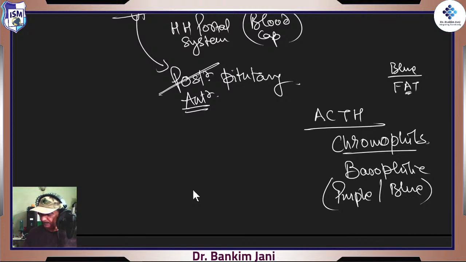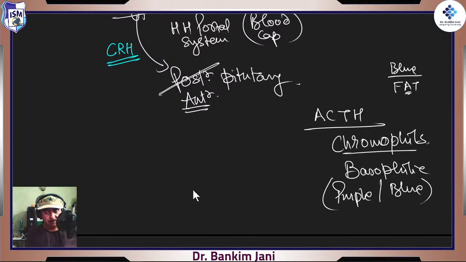Okay, the next is that this ACTH is released on command of what? Because hypothalamus will be sending something, and this is corticotropin releasing hormone, right? So by the bloodstream, the CRH will come.